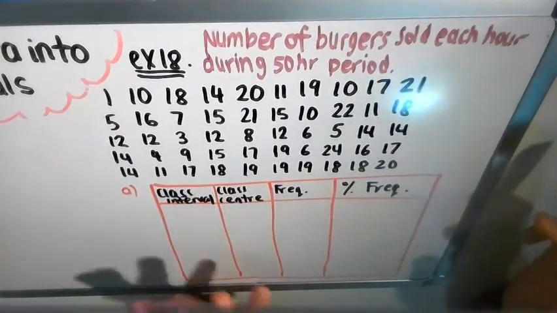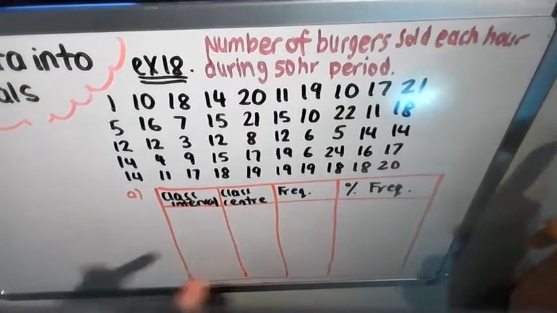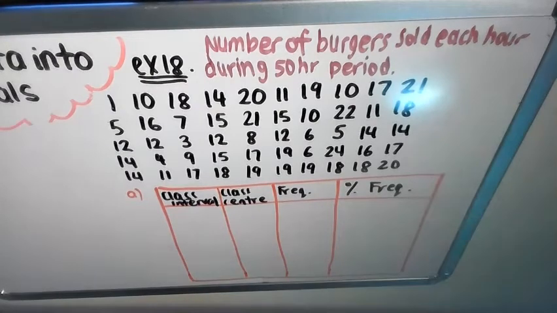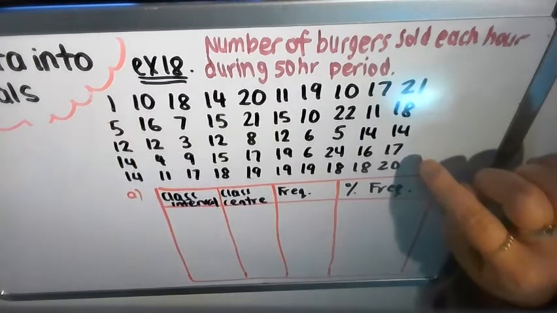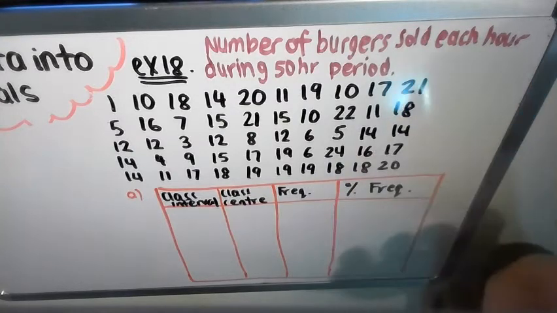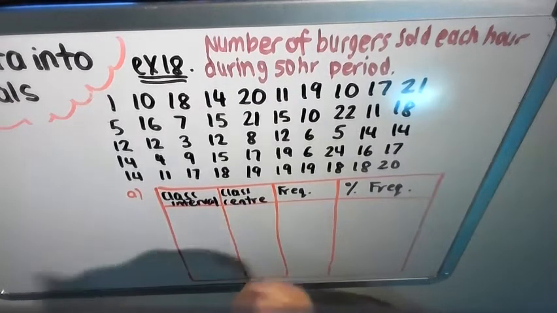In our frequency table, we need to have 4 columns: class interval, class center, frequency, and percent frequency. Now look at the numbers. They are between 1, that's the lowest, and the highest looks as though it is 24. So we're dealing with numbers between 1 and 24. I would separate these class intervals into groups of 5, and we usually start with 0.